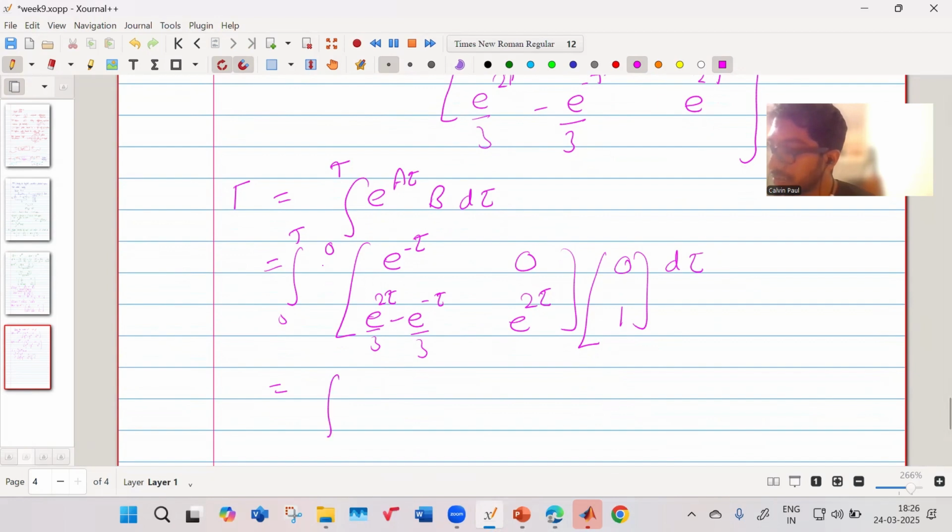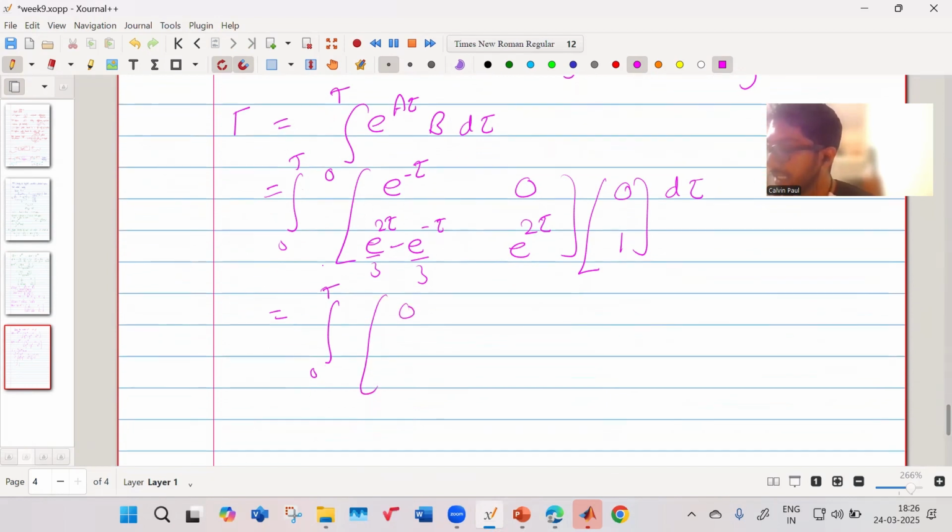So gamma is actually the integral from 0 to T of e to the power minus tau into 0 is 0, and 0 into 1 is 0. So this is 0, right? This into 0 is 0. This becomes e to the power 2 tau d tau.